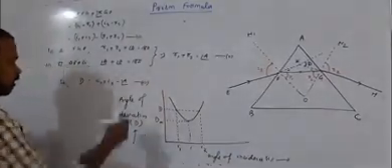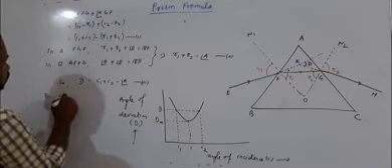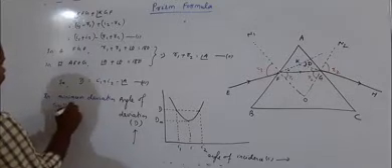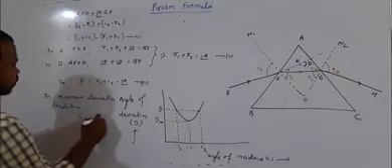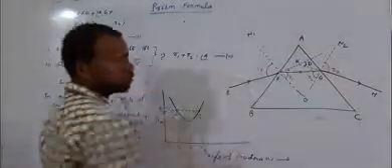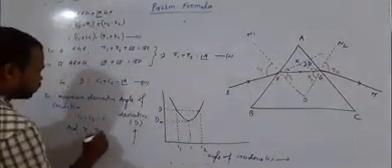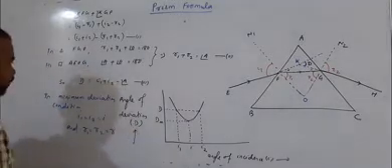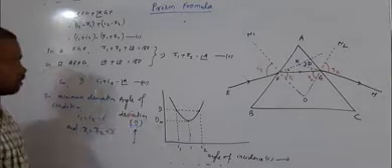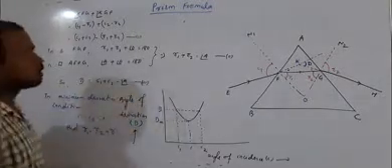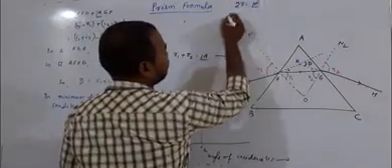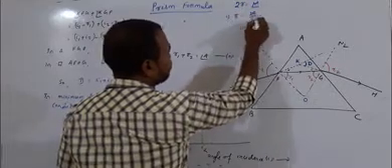So in the minimum deviation condition, I1 is equal to I2, which I will take as I, and in such a case R1 must also be equal to R2, which I will take as R. So in the minimum deviation condition, I1 equals I2 equals I, and R1 equals R2 equals R. Equation 2 becomes R1 plus R2 equal to A, so now it becomes 2R equal to A, which implies R is equal to A by 2.